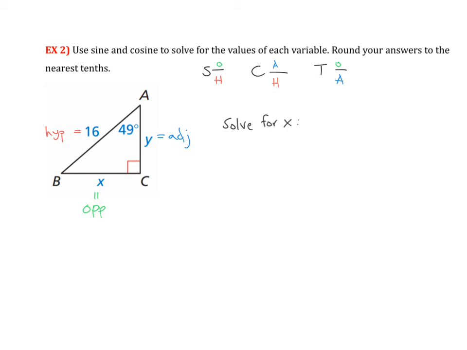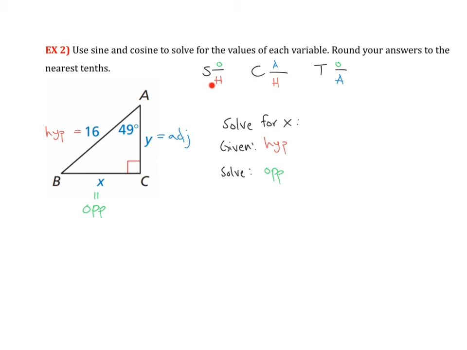All right, so just like the two words I highlighted earlier, we need to look at what we're given and figure out which one we are solving for. So in our right triangle, I do realize that the angle is given, but I'm referring to the side. We're given the hypotenuse. So let's go ahead and write that down. It's 16, right? And then we are solving for x, which is the opposite side.